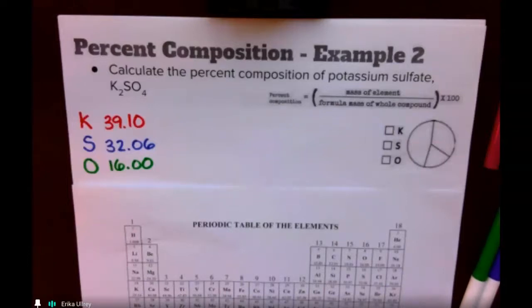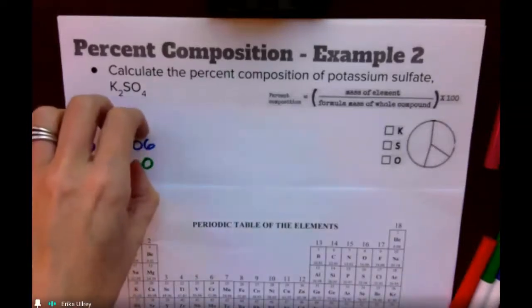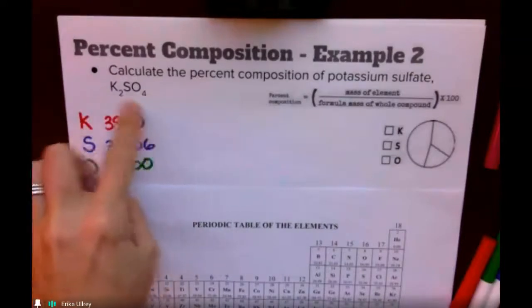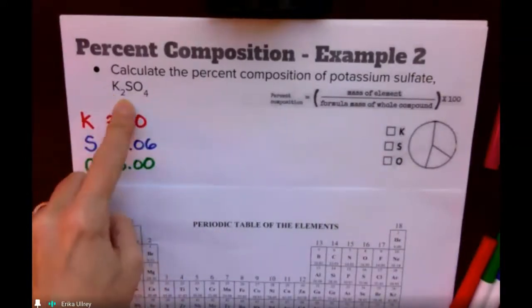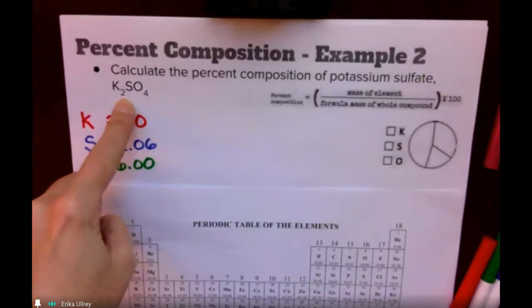We multiply. What are we going to multiply them by, Star? Where do I find my multipliers from? 100? No, that's at the very end when we're doing percent. So we're doing the formula mass. So I need to look at my formula up here.